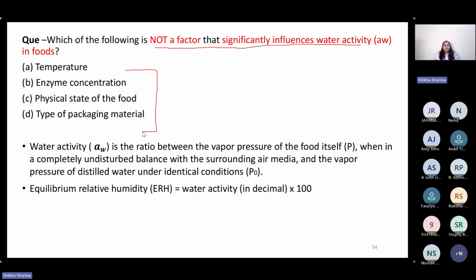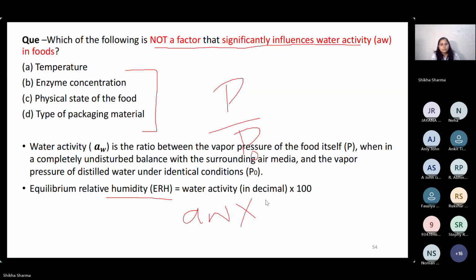So we all know that water activity is basically the ratio of the vapor pressure of the food divided by the vapor pressure of the distilled water, or the pure water. So P by P naught is basically water activity. And if we convert it into equilibrium relative humidity, water activity into 100 is relative humidity.